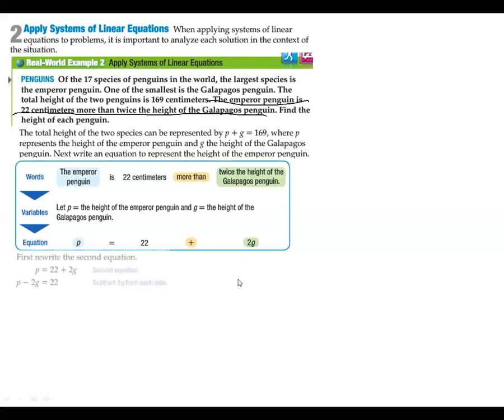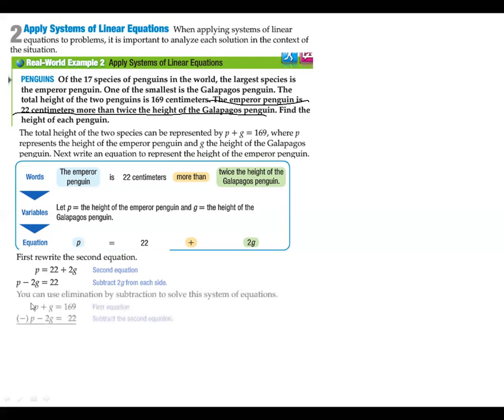All right, so my two equations are P equals 22 plus 2G, and P minus 2G equals 22. No, that's not right, I read that wrong. The first equation is P equals 22 plus 2G. If I subtract 2G from both sides, then I can set up the system to use elimination by subtraction.